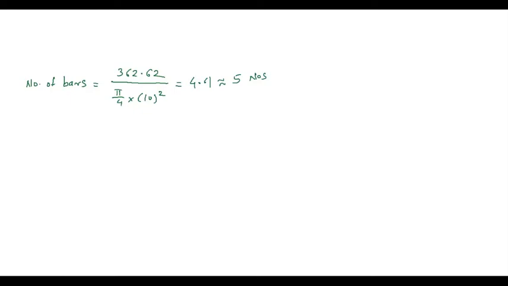So now AST provided in x direction. We are going to provide 5 bars, each of diameter 10 mm. So calculate this now.